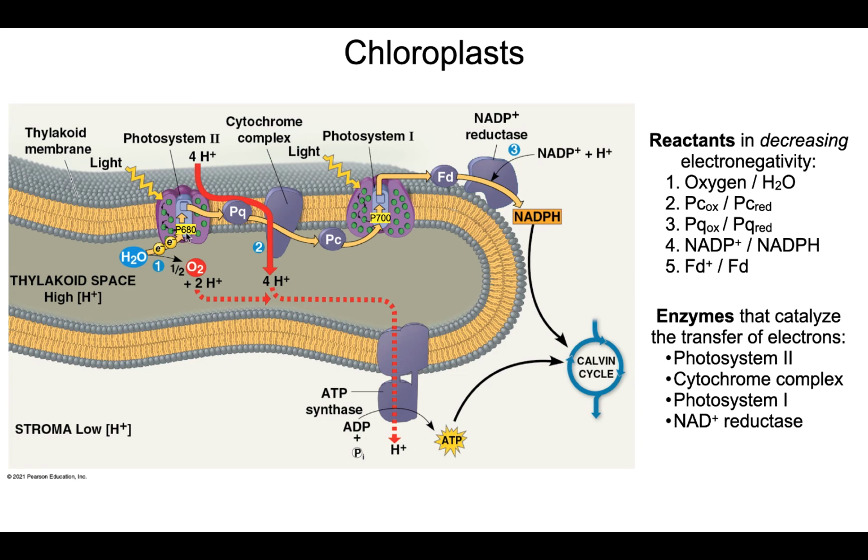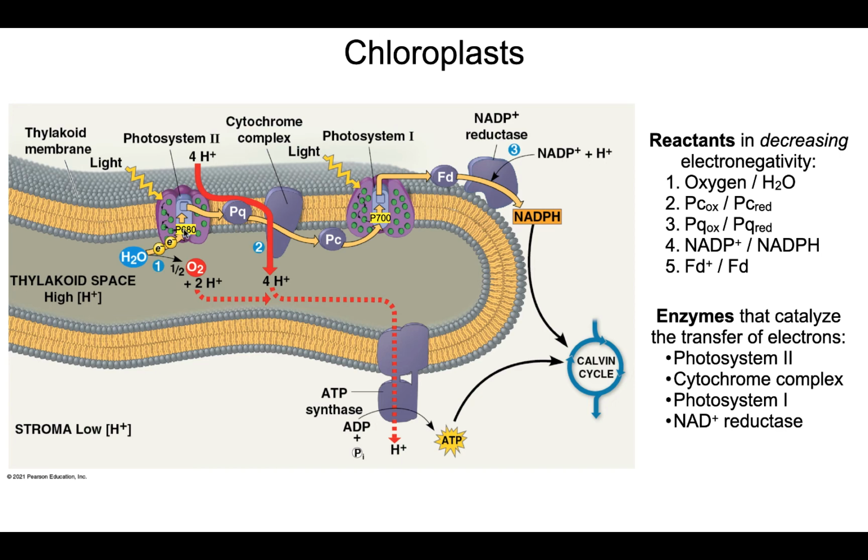P680 is inherently even more electronegative than oxygen. So P680 would be way up here, way above oxygen, way above water, which means P680 spontaneously, no problem, steals those electrons from water easy.